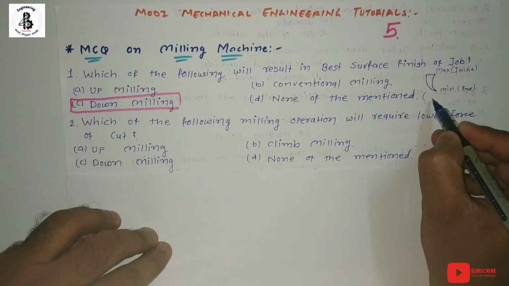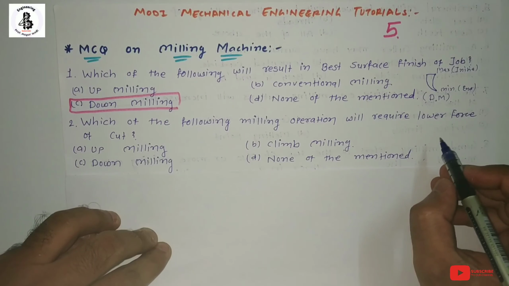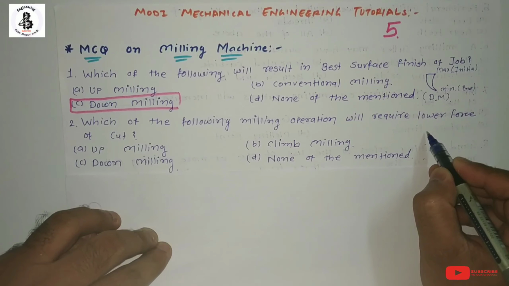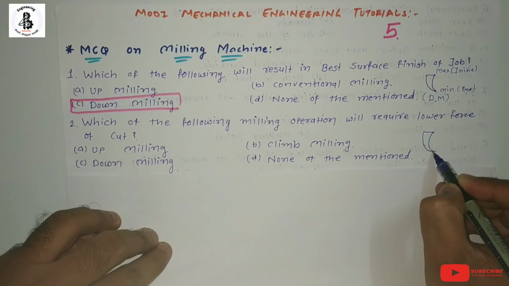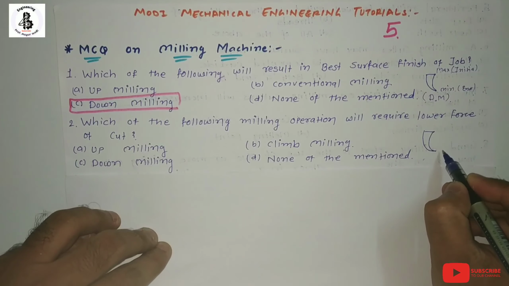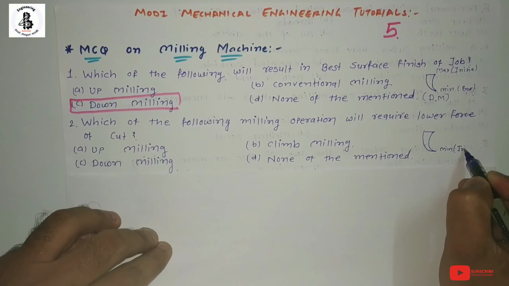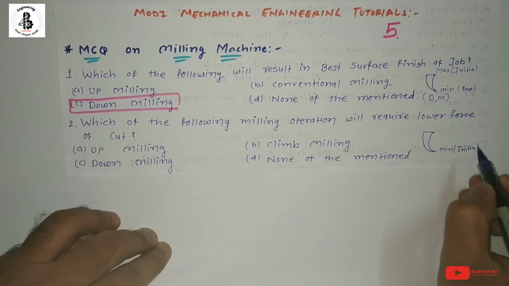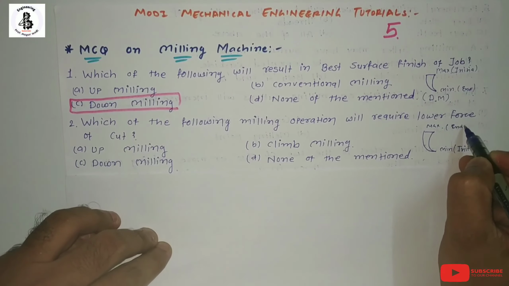In up milling, the chip is minimum at the initial stage and maximum at the end of the stroke.